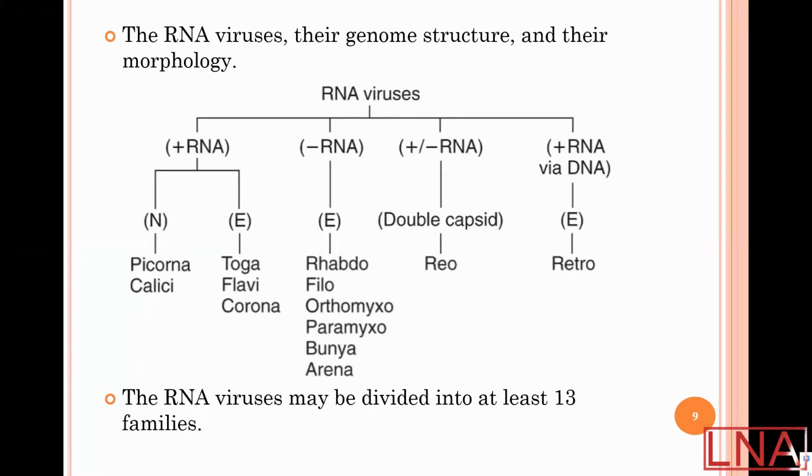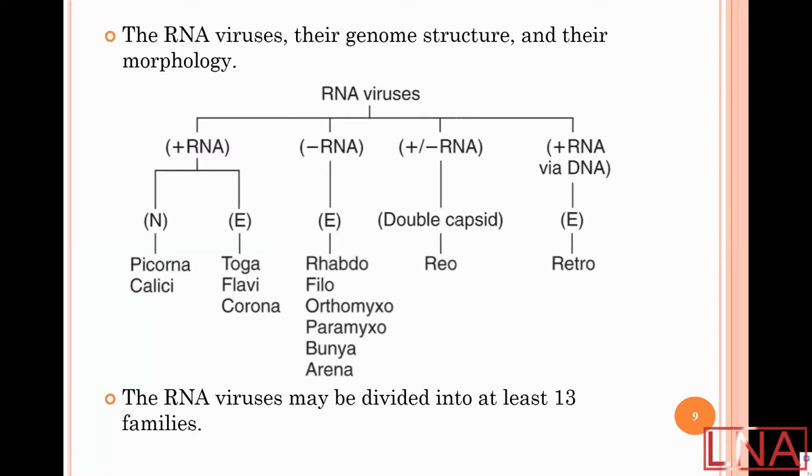Next big group, RNA viruses. First of all, RNA viruses should be divided by the type of RNA, positive or negative RNA, or double-stranded, or retroviruses, as I said, a specific group.